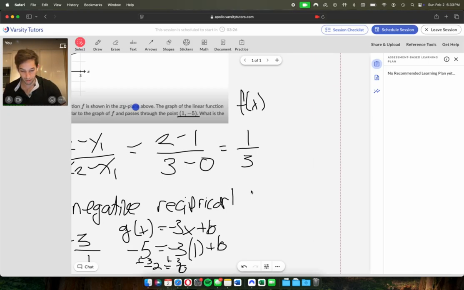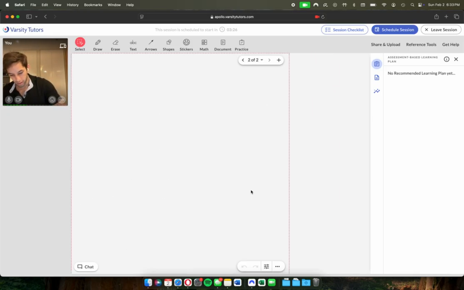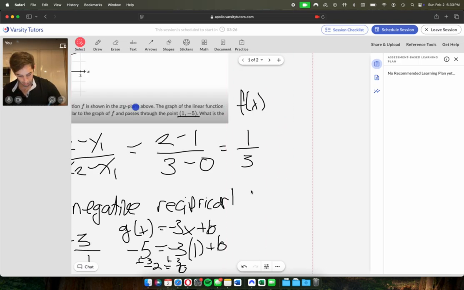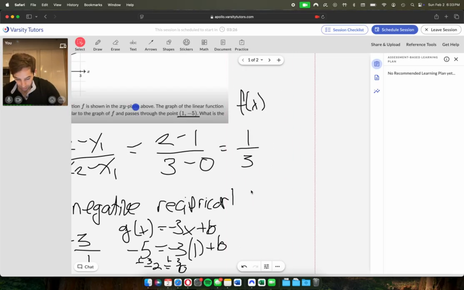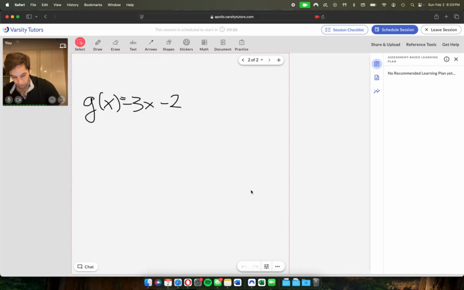So let's rewrite that. The equation for g(x) is -3x minus 2. And we want g(-2). So now we're just going to solve for g(-2).